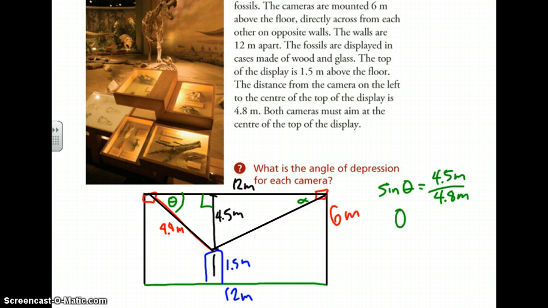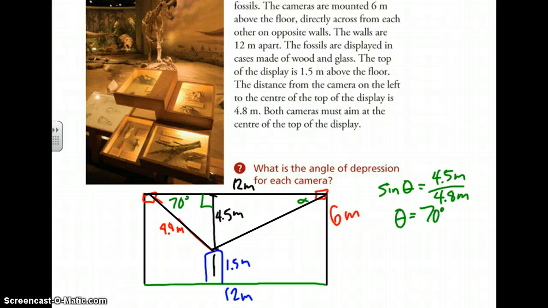Solving for theta, it's second function sine of 4.5 divided by 4.8, and we get that angle to be 70 degrees. So the angle up in this corner is 70 degrees, and we're kind of halfway there.